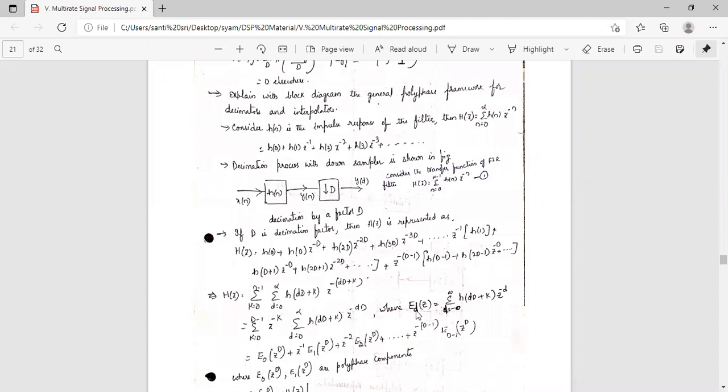Right. So we replace this by E k of z, sigma d equal to 0 to infinity h of dD plus k into z power minus d.